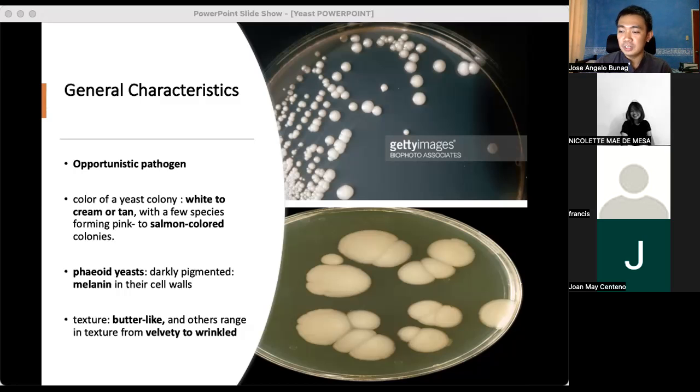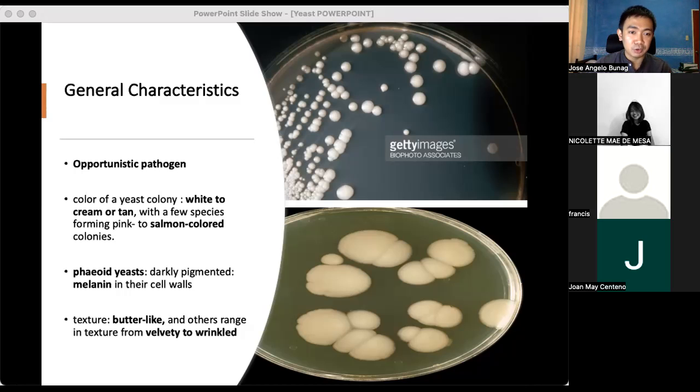So please do take note of the general characteristics of your yeast. With regard to the color of your yeast, they are white to cream-like or tan, with a few species forming pink to salmon-colored colonies.